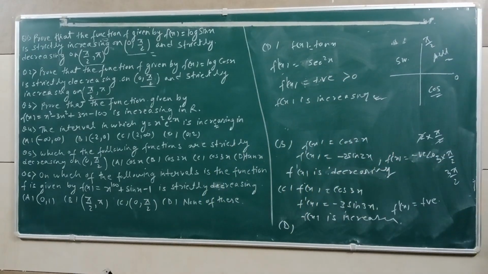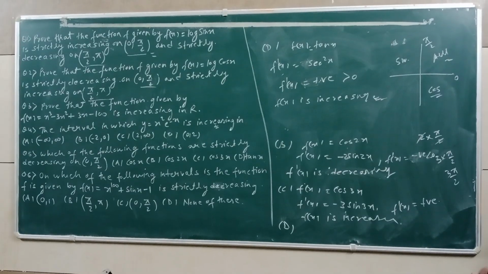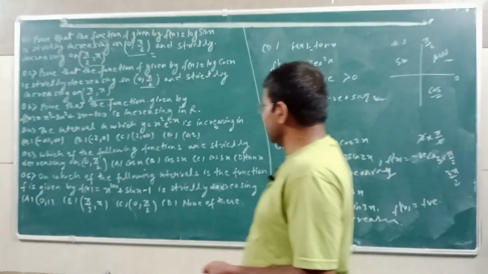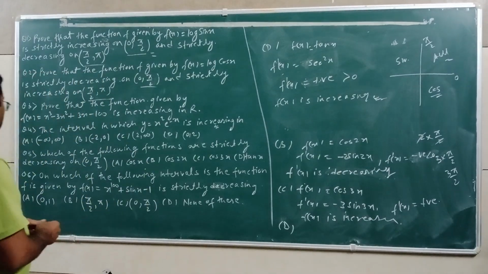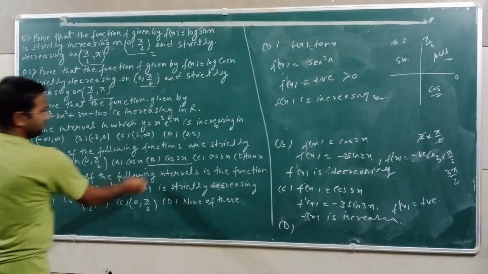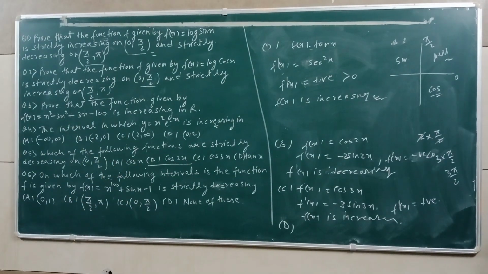In this way you will tell which is decreasing and which is increasing. So here, b is decreasing, and the remaining are all increasing.